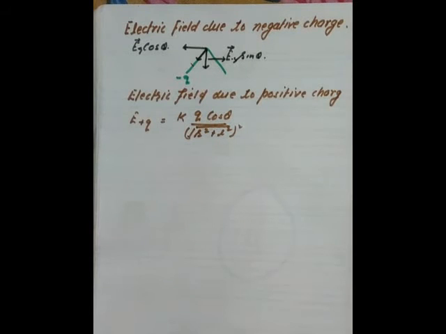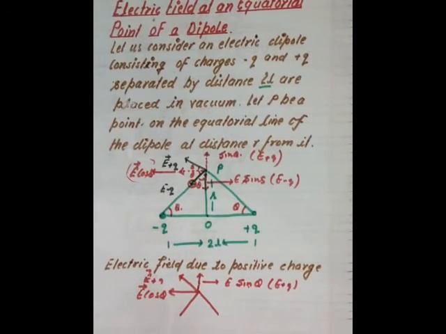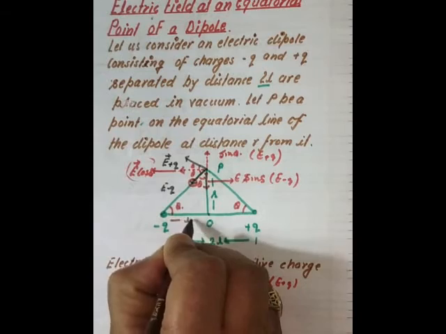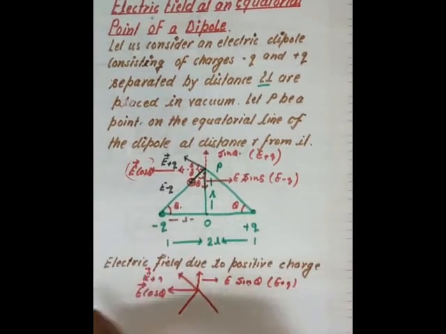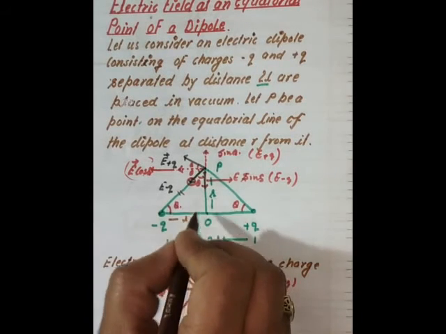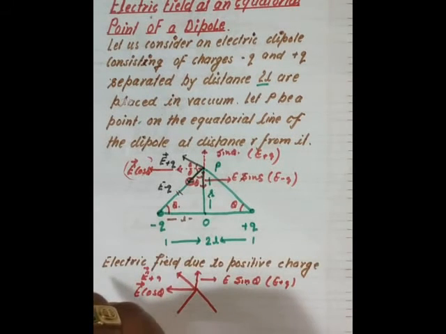How does this happen? You can see the diagram again. This distance is L. This is r. So hypotenuse square equals perpendicular square plus base square.